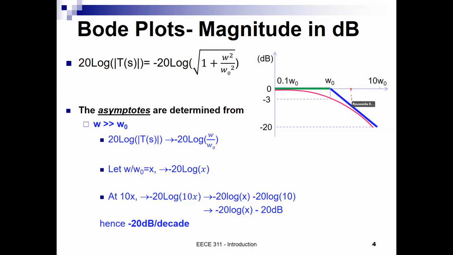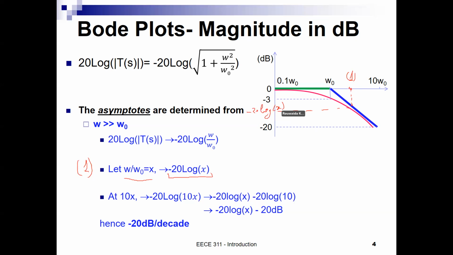The first point is point 1, at 0.1, where ω/ω0 is equal to x. So the magnitude of the transfer function in dB is minus 20 log x.